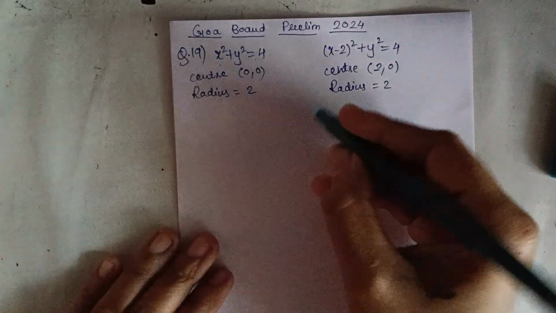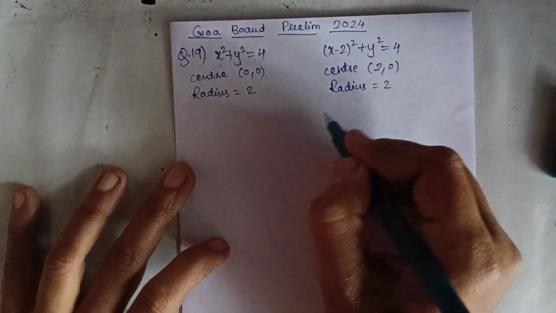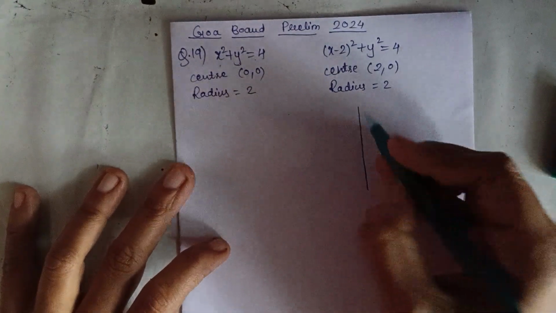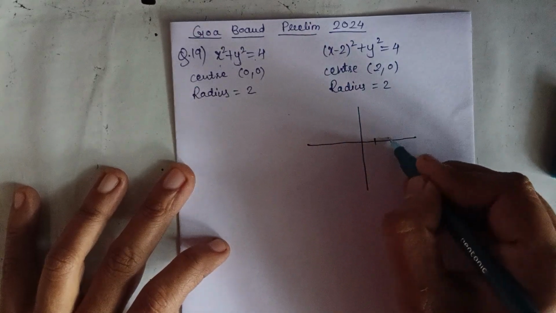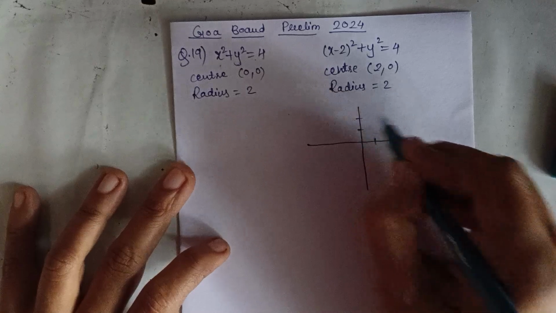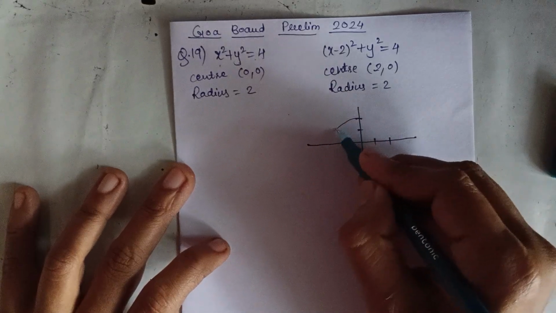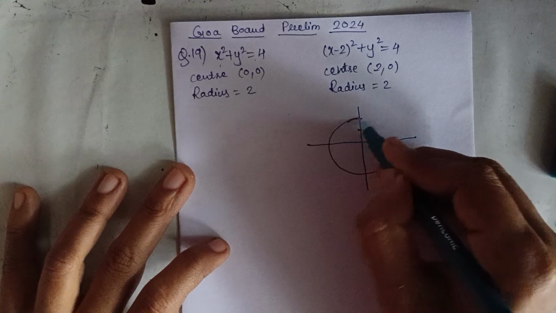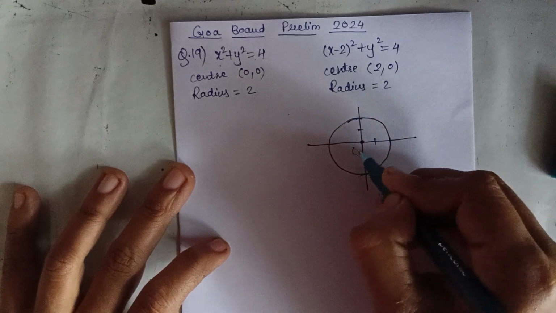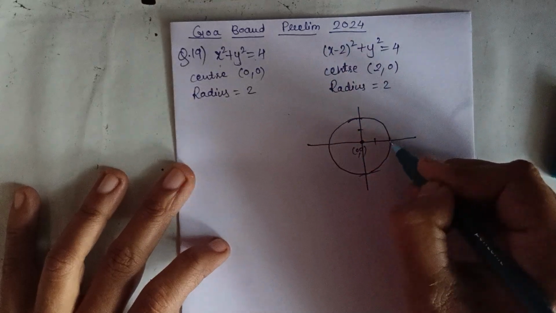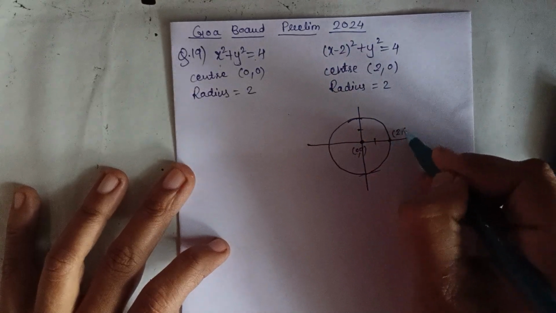So drawing the graph, 1, 2. So this first circle with center 0 comma 0. This point is 2 comma 0.